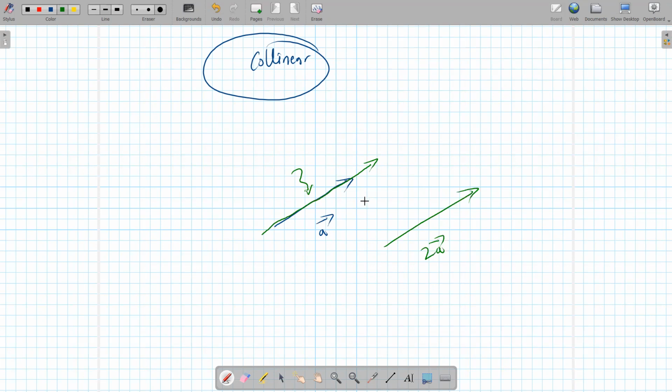It is also collinear with this vector here, negative a, because if you superimpose, it's going to be on the same line. It's just going in a different direction, but it's in the same line, okay? So if they all lie on the same line, they're collinear.